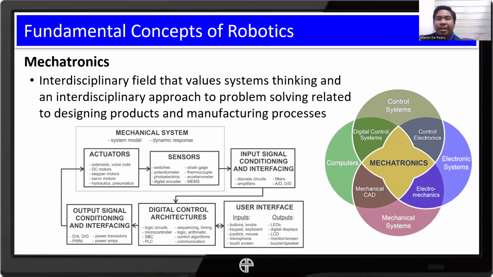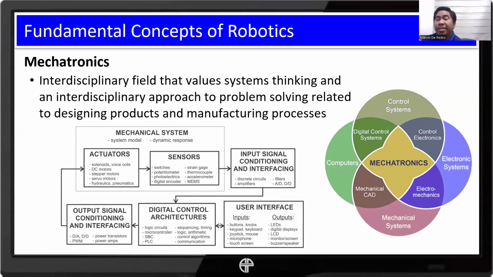And we have the context of mechatronics. You may have seen already that robotics and mechatronics are somewhat interchanged, or they always appear together. If we mention robotics, then there will always be mechatronics, or vice versa, because robotics applies the concept or the discipline of mechatronics.